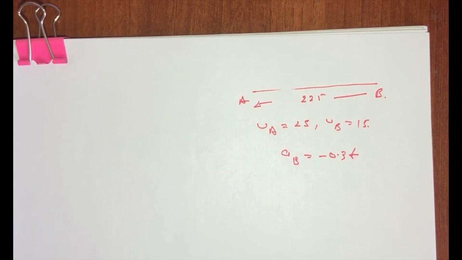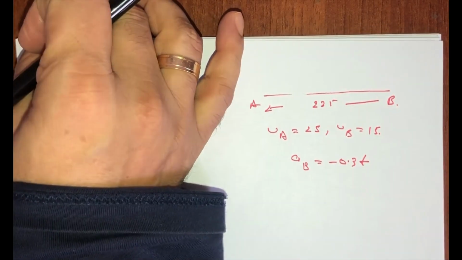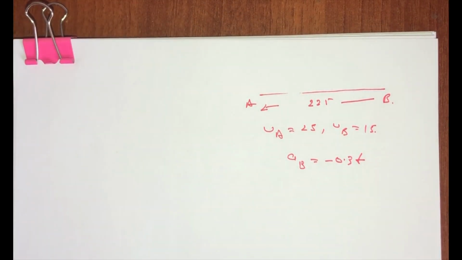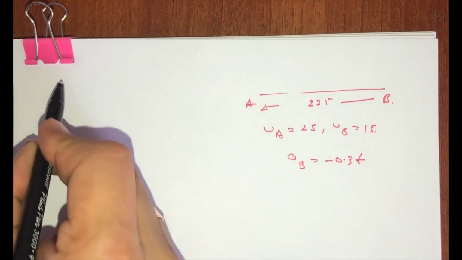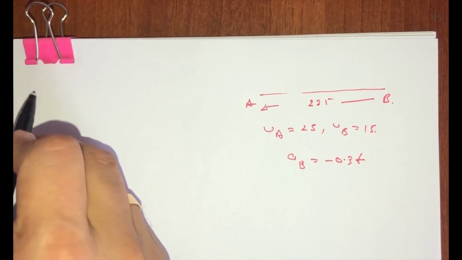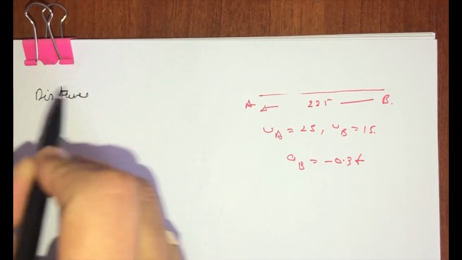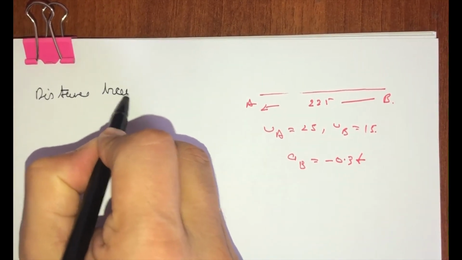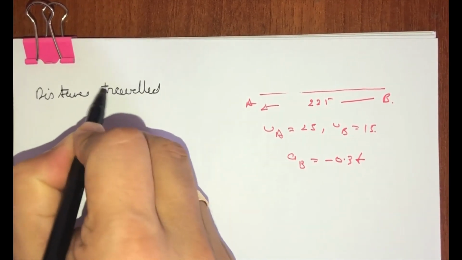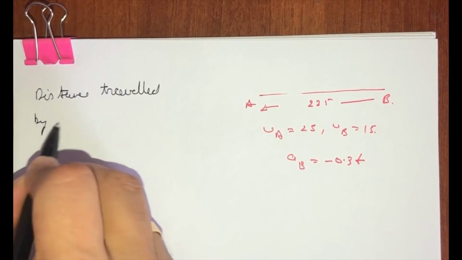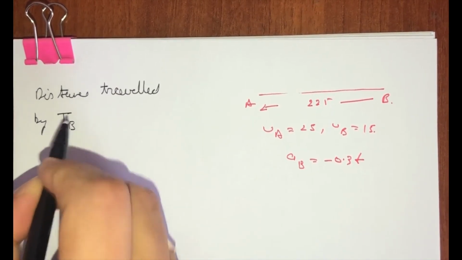Next we can write the distance traveled by train B in time t.